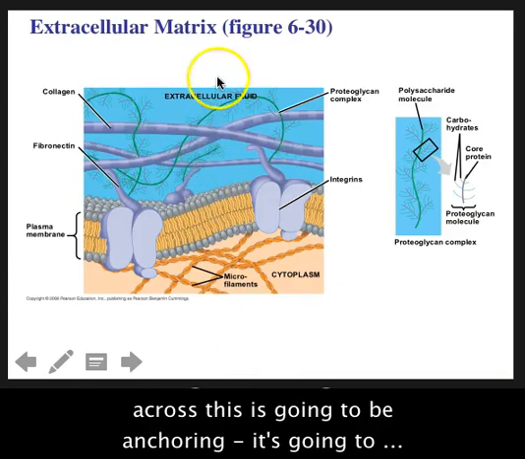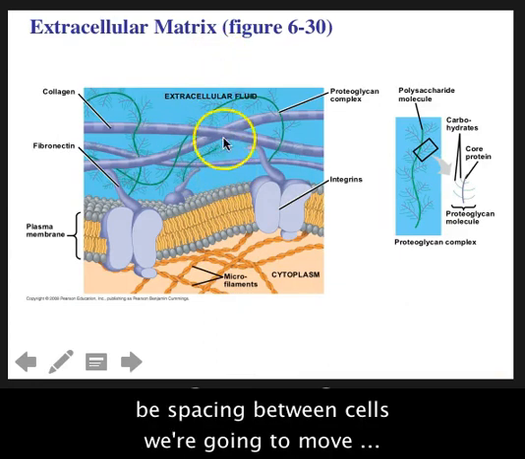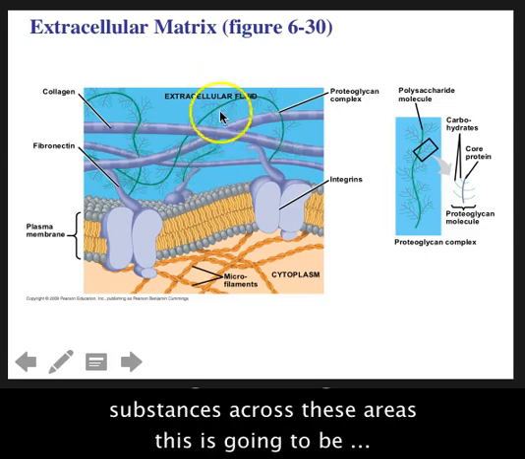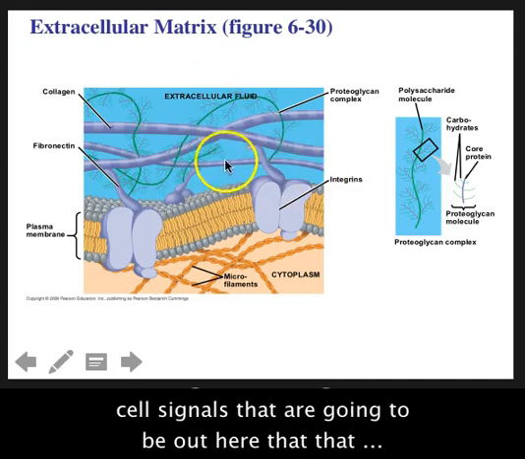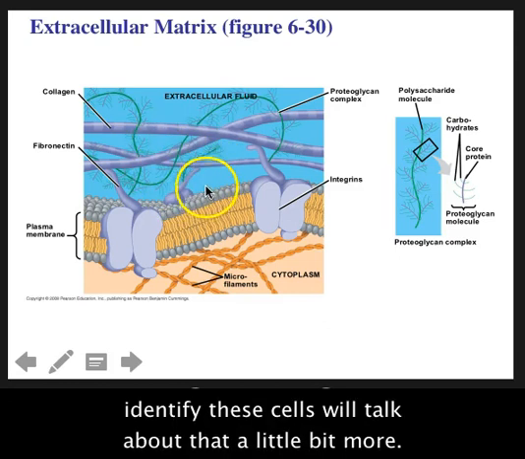We're going to use this space to diffuse across. This is going to be spacing between cells. We're going to move substances across these areas. This is going to be the site where we're going to see some receptors and cell signals that identify these cells. So we'll talk about that a little bit more.